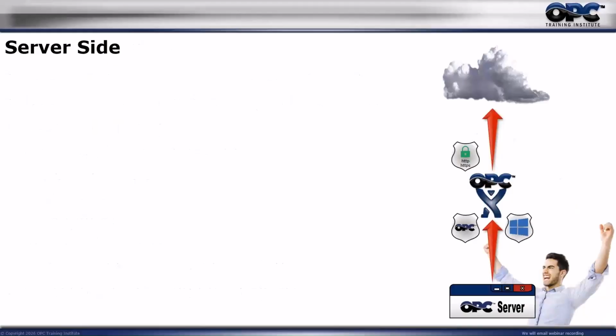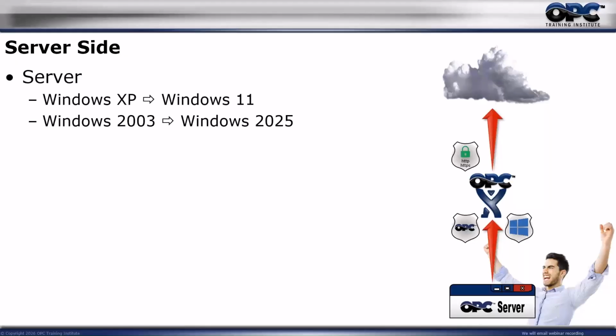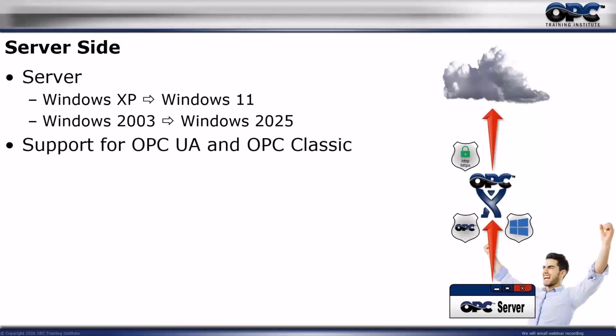So on the server side, remember, there's a server side and there's a client side. On the server side, you can use Windows XP to Windows 11, or Windows 2003 all the way to Windows 2025 if you're using Windows Server. Now, on the server side, that portion needs to be Windows.